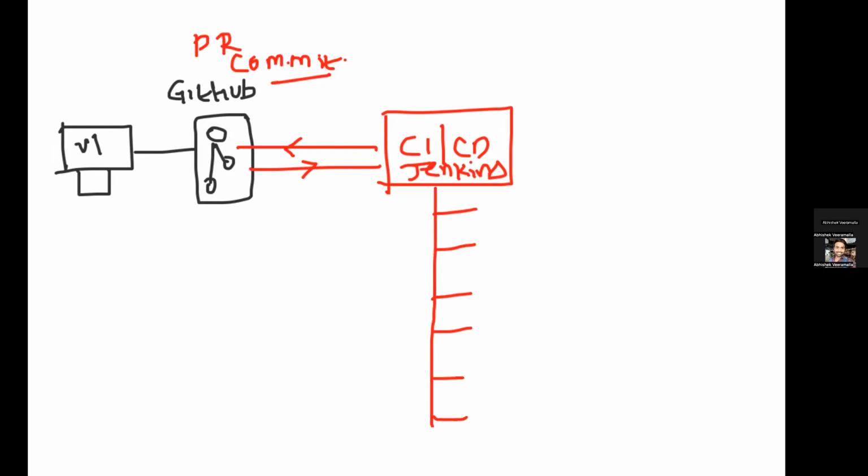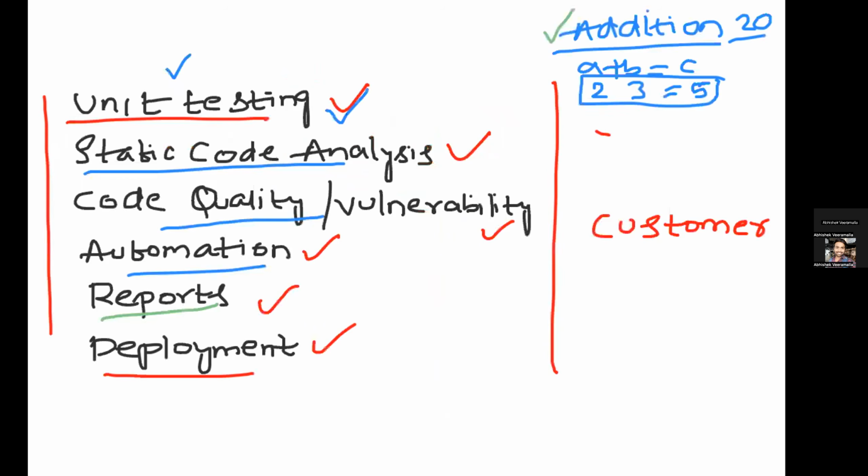Jenkins will notify me whenever the developer submits any change onto a specific repo and branch, and as part of the automation, Jenkins will run all of these steps: the unit testing, static code analysis, and the rest.